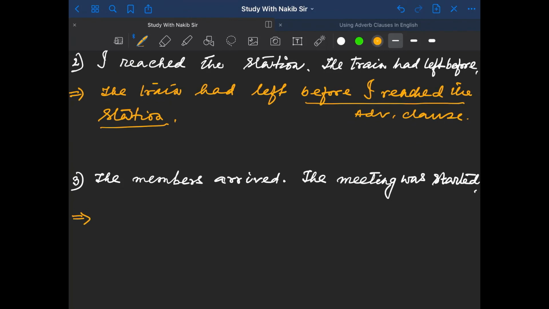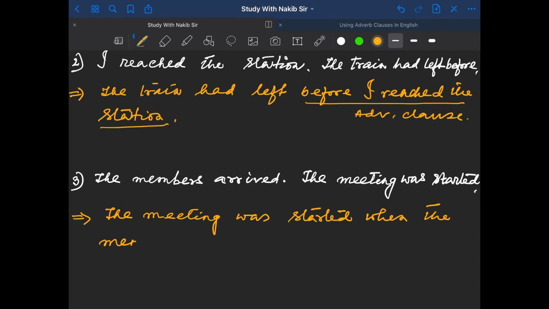The meeting was started. So this is the time. The meeting was started when the members arrived.